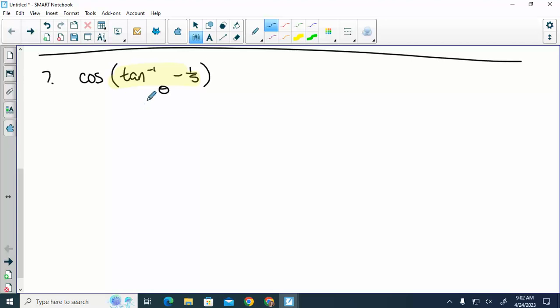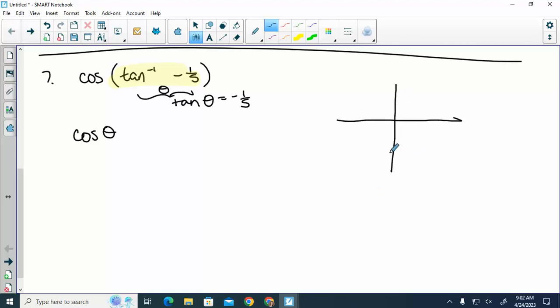So I'm asking you to find cosine of some angle. This piece means tangent of that angle is negative 1/5. Do we know when that happens? No, so that's when we draw a picture. Tangent inverse could be in which quadrant? 1 or 4. Because it's negative, we're in quadrant 4.